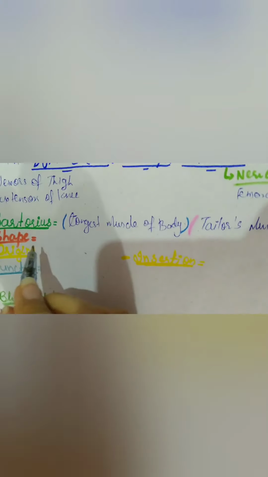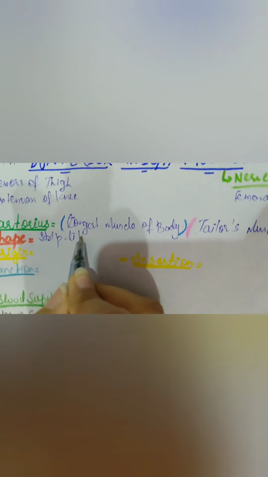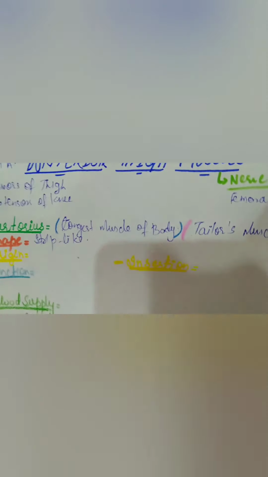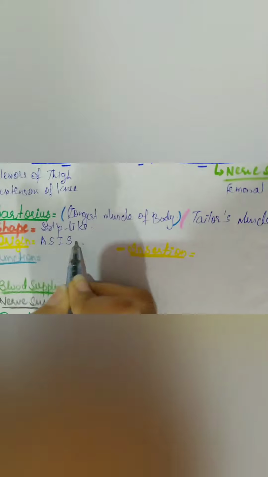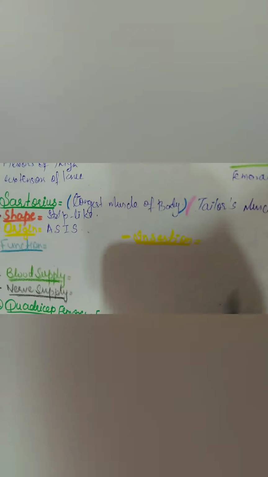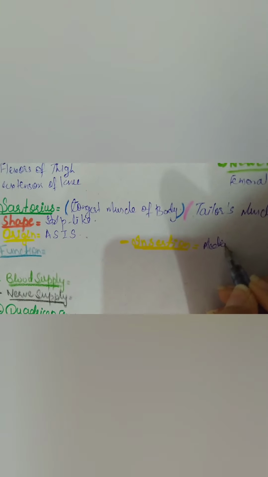The shape of the sartorius is strip-like. The origin of the sartorius is from the anterior superior iliac spine. And its insertion is on the medial surface of the radius.